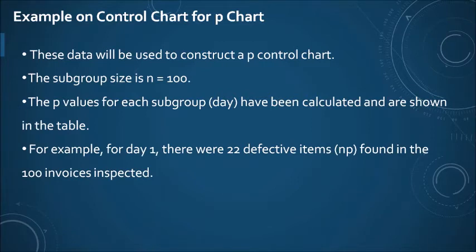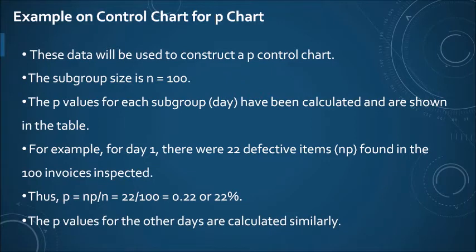For example, for day 1 there were 22 defective items found in 100 invoices inspected, and therefore P will be equal to 22 by 100 or 0.22 or 22%. In this fashion, all the 25 days proportion is computed. The P value for other days are also calculated similarly.